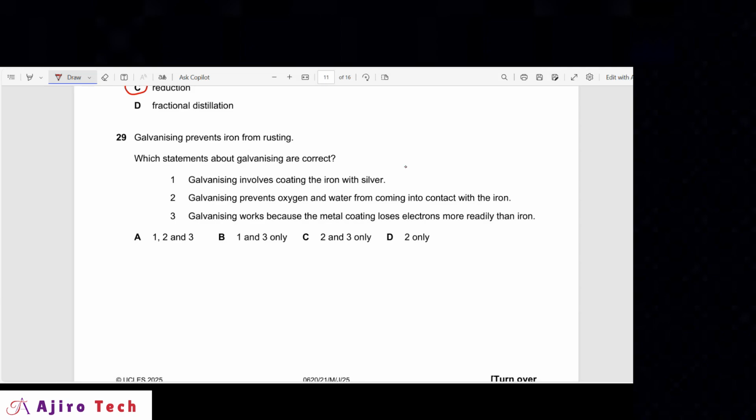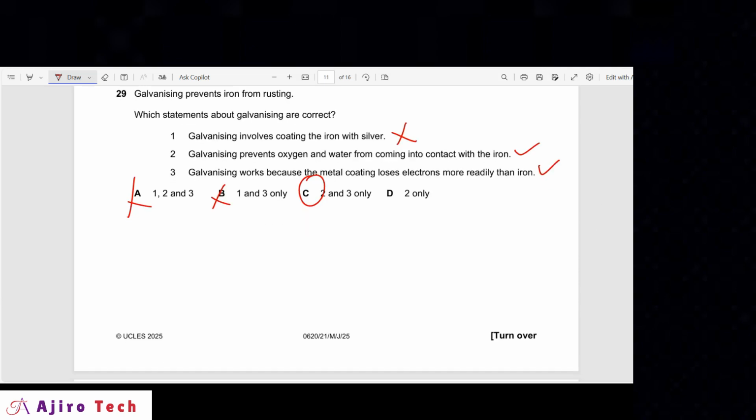We coat with zinc, so this is off. So everything about 1 is gone, and we have just 2 options left. Galvanizing prevents oxygen and water from coming into contact with the iron. Yes. Galvanizing works because the metal coating loses electrons more than the iron. That's good. So this is correct then.